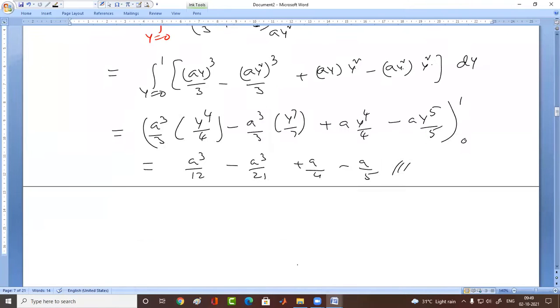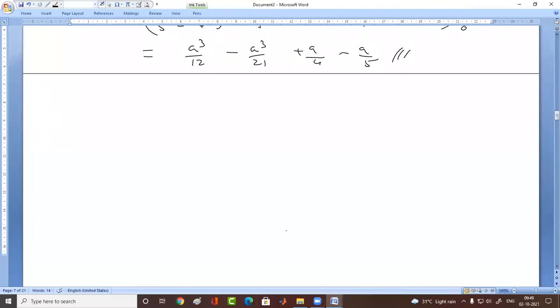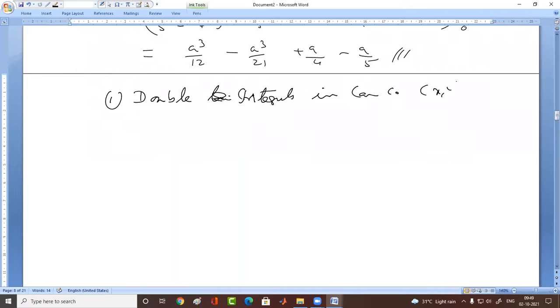Now we will discuss the next method, up to this change of order of integration. So in this unit, we will discuss double integrals. First topic is double integrals in Cartesian coordinates, nothing but in terms of x, y.